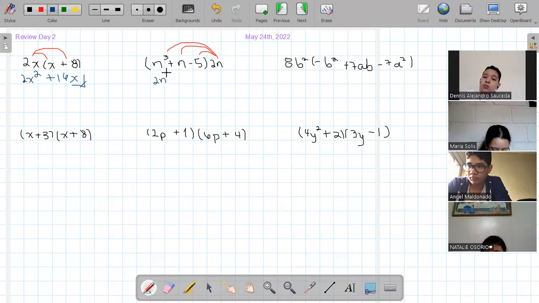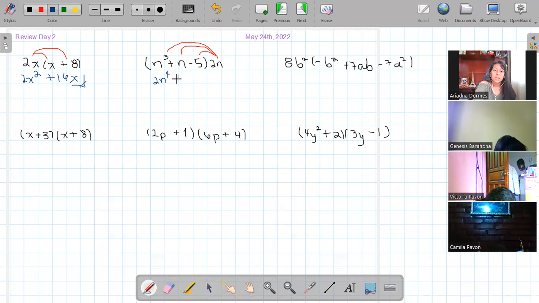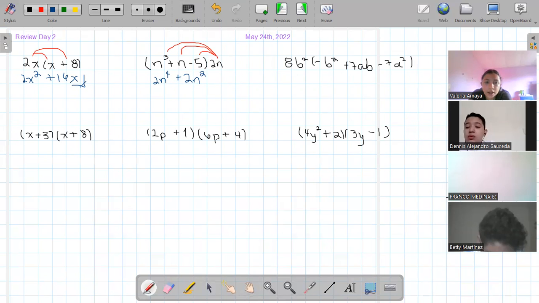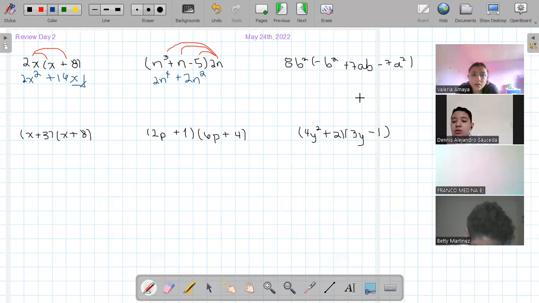Exactly, 2n to the 4th power. How much is 2n times n? 2n to the second power. Positive 2n to the 2nd power. And how much is negative 5 times 2n? Negative 10n. Franco, do you agree?